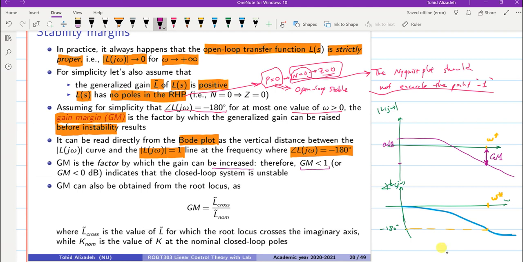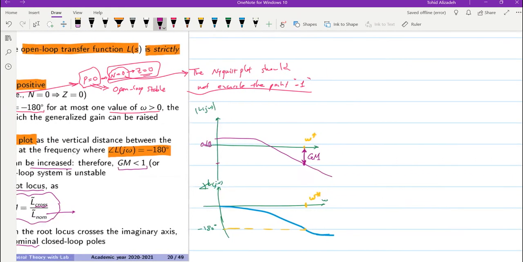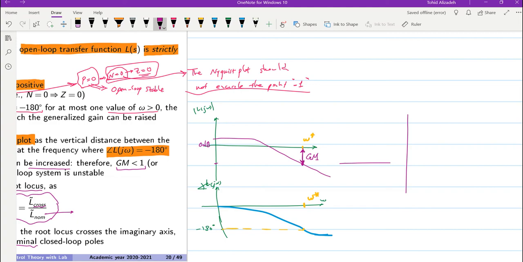We can also refer to the root locus plot in order to determine the gain margin. In that case, the gain margin could be identified as L tilde cross over L tilde norm. L tilde norm will be the nominal generalized gain, and L tilde cross will be the generalized gain at the point in which we have the root locus branches crossing the imaginary axis.